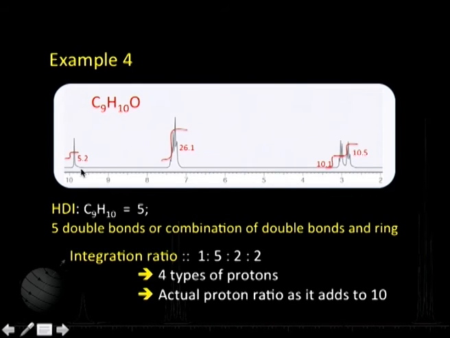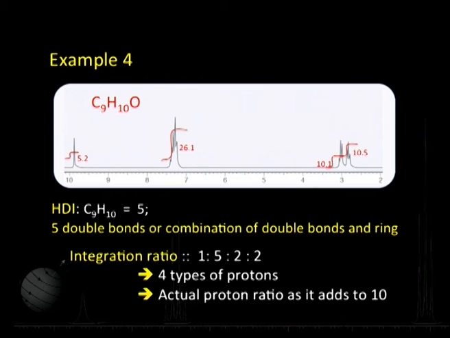So, this signal is for 1 proton, this signal is for 5 protons, and these are for 2 protons each. Another inference we can draw is that there are 4 different types of protons, and these numbers 1, 5, 2, 2 indicate the actual proton ratio, as it adds up to 10.